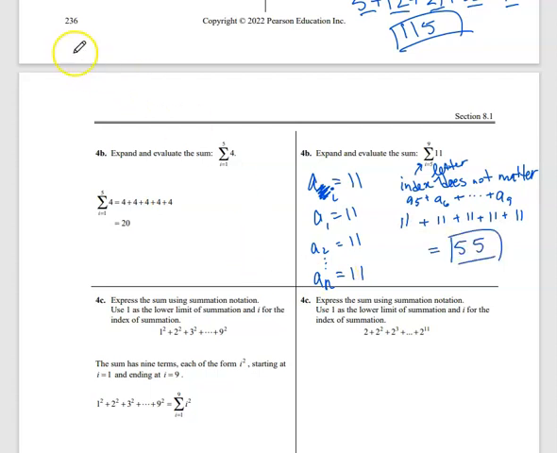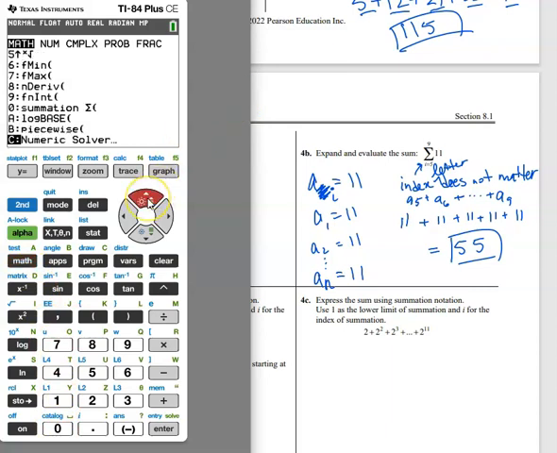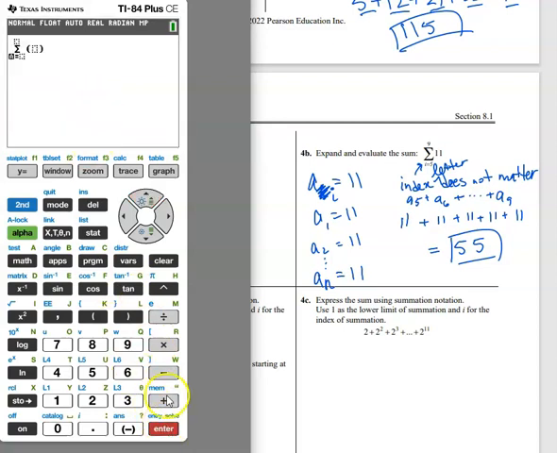And speaking of that one, since this is the last one we're going to calculate, I want to take this opportunity to see how to do this in the calculator. I want to go to this math button over here, and then hit the number 0, or else you can scroll around to 0, the summation. Of course, that's what we're looking for, and it gives us a little sigma there.